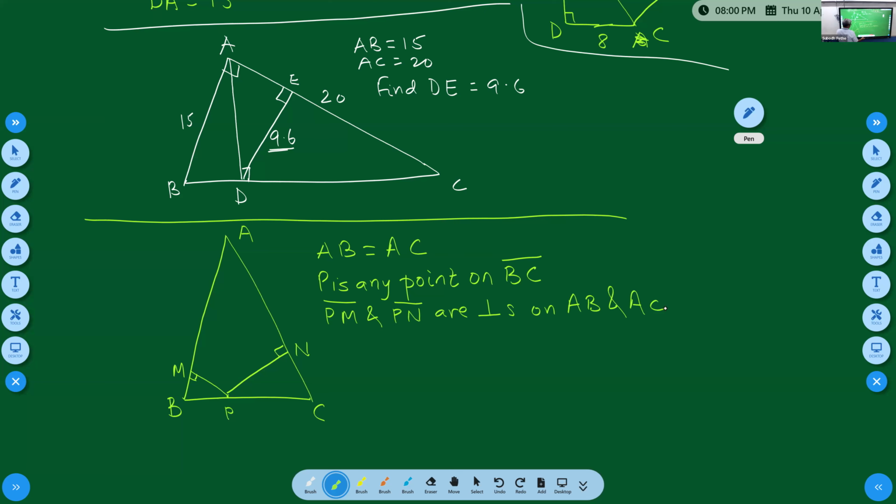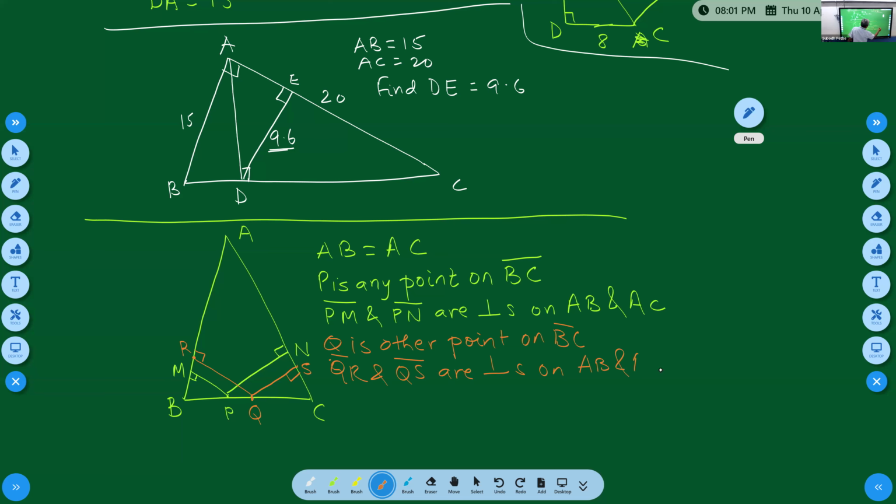Q is some other point on BC. QR and QS are perpendiculars on AB and AC respectively.